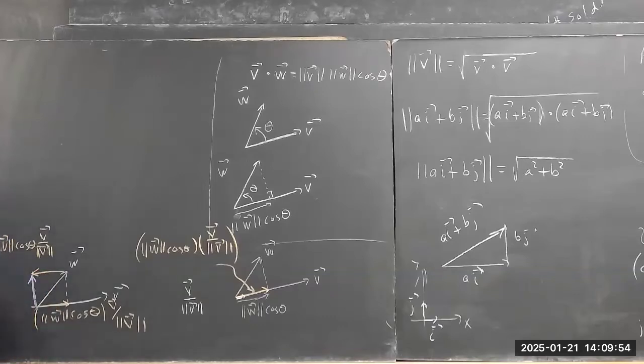This is a vector W minus this, and this is perpendicular to V.